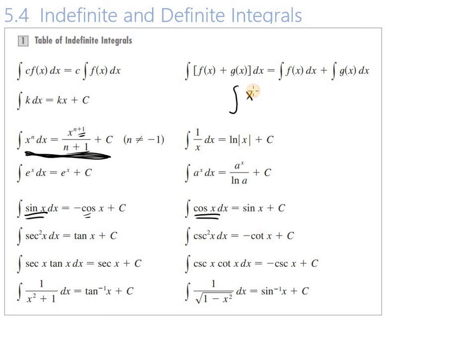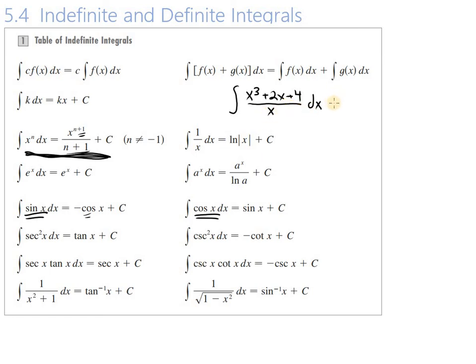So they might give you something like x cubed plus 2x plus 4 all over x. And this does not look like any of the basic ones that we have here. And you might be thinking, I need some sort of undoing the quotient rule kind of thing. But really you don't. What you need is some algebra.